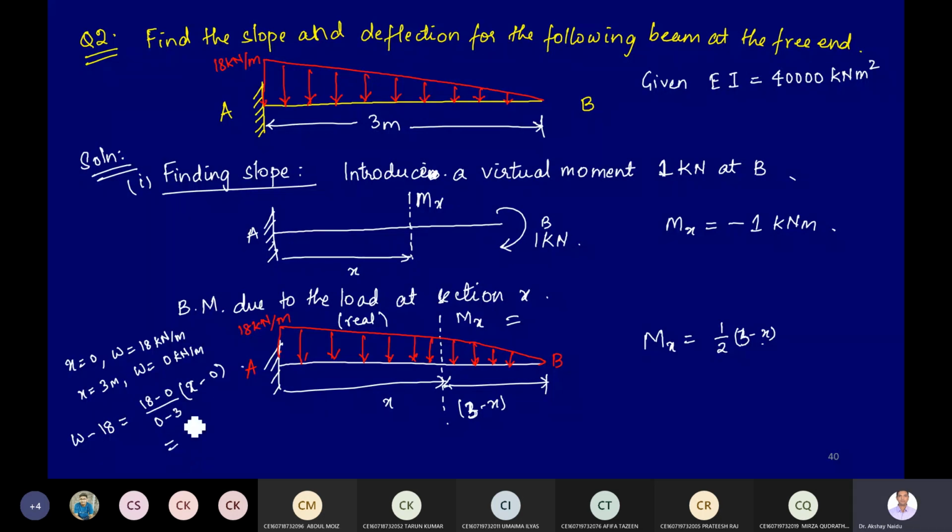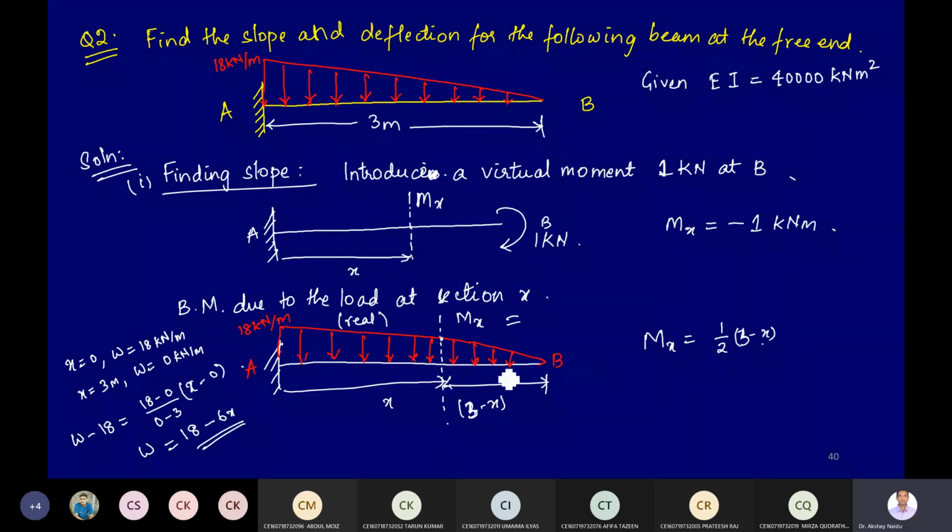So we get W as 18 minus 6X, which is true: when X equal to 0, it is 18, and when X equal to 3, it is 0. So the height at any point X is 18 minus 6X.